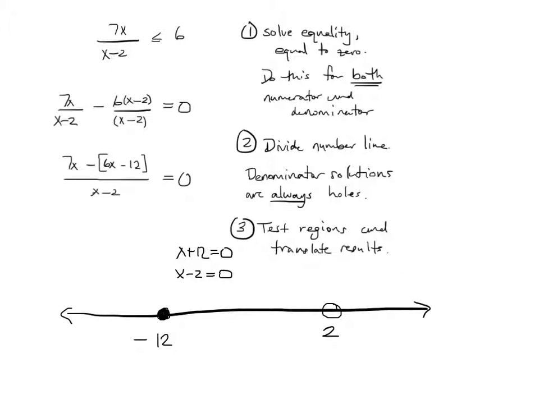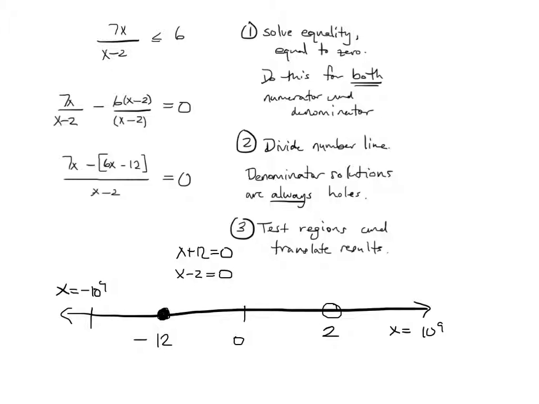Now what? Test the regions. I'm a big fan of 0 and negative 1 trillion. X equals negative 10 to the 9th, and x equals positive 10 to the 9th.